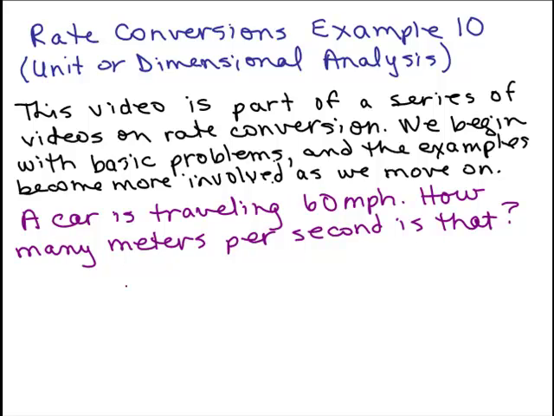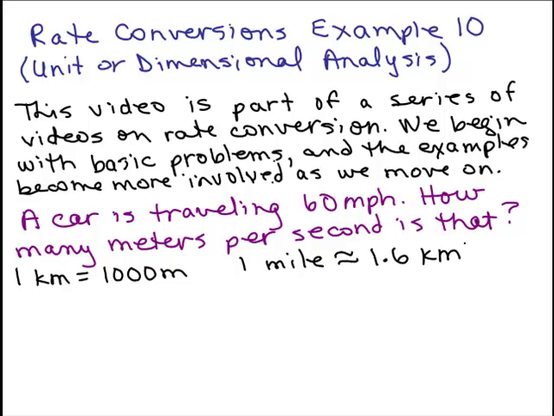All right, so we have to, again, remember a couple of things. One is that 1 kilometer is the same thing as 1,000 meters. You have to know that from the metric system. And also 1 mile is about the same thing as 1.6 kilometers.